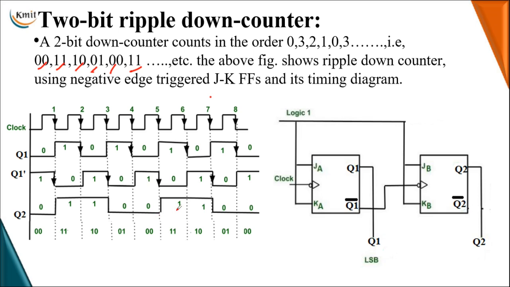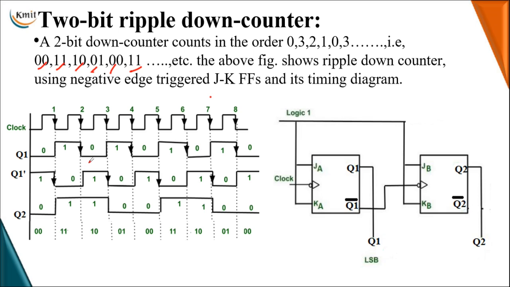Upon getting 0 0, again the sequence comes from the maximum count 1 1 to 0 0. Like this the count sequence is repeated based on the continuous clock signal which you apply on the least significant flip-flop of the 2-bit ripple counter.